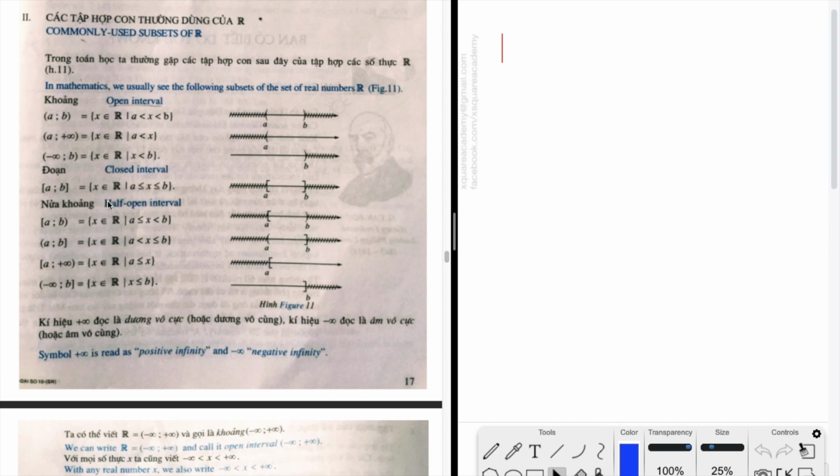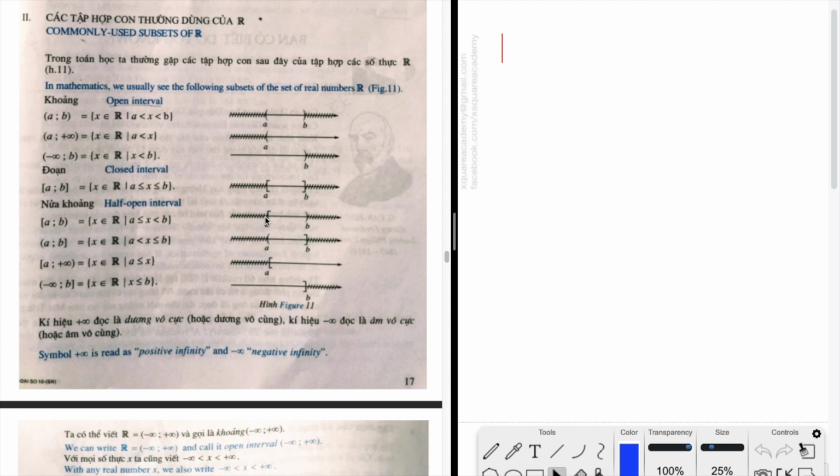And the third, the half-open interval from a to b, containing x, an element of real numbers. So that's x greater than or equal to a and less than b. Okay, this is the number line.